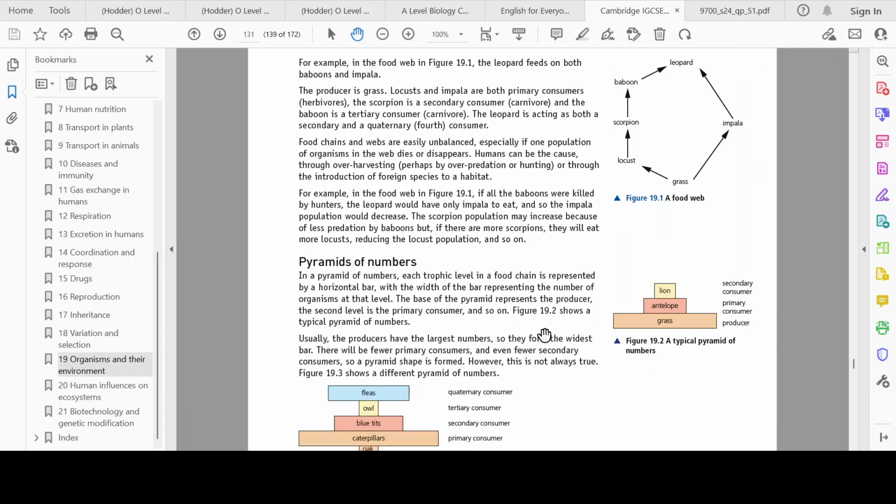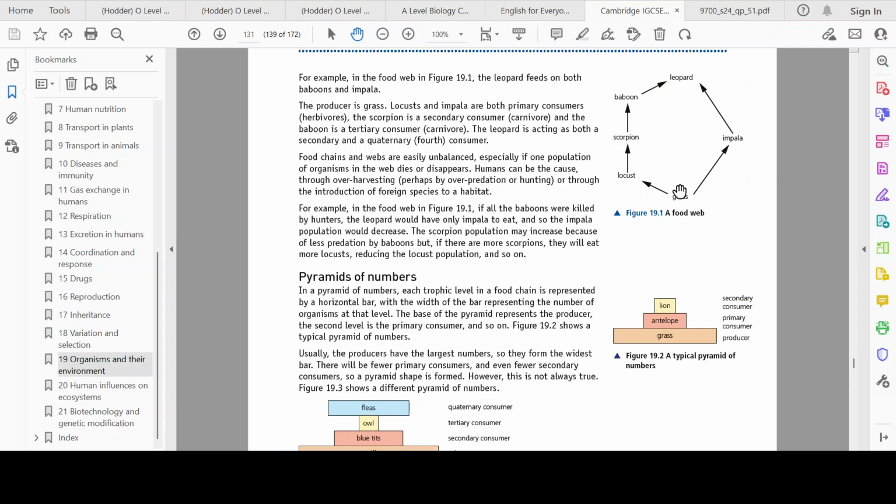So for example, right now this is not the best, but grass can be eaten either by the locust or it can be eaten by a herbivore, an impala, right? And so the impala can be fed on by the leopard, or there could be a longer route: the locust, and then the locust is eaten by a scorpion, the scorpion is eaten by a baboon, the baboon is hunted by a leopard. And so in this food web, the leopard is the apex predator.